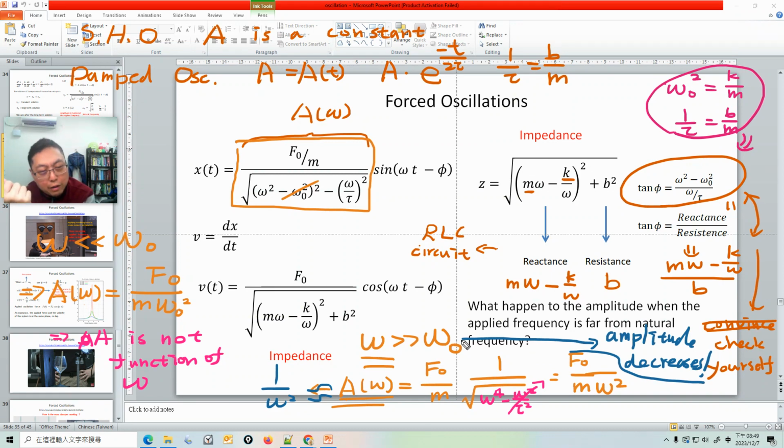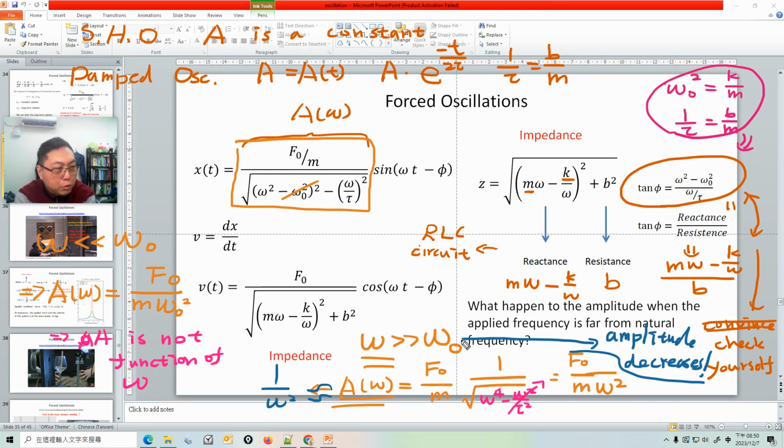Because intuitively, if I apply a very high frequency to a certain system, as I keep increasing my frequency, you would think my amplitude will increase, and keep increasing the frequency of oscillation.